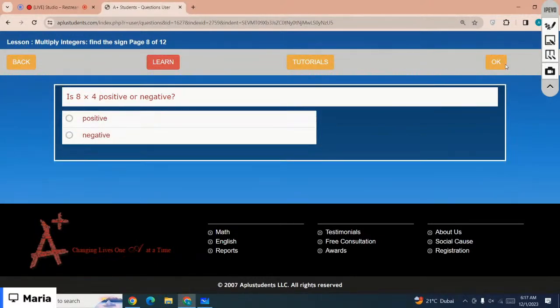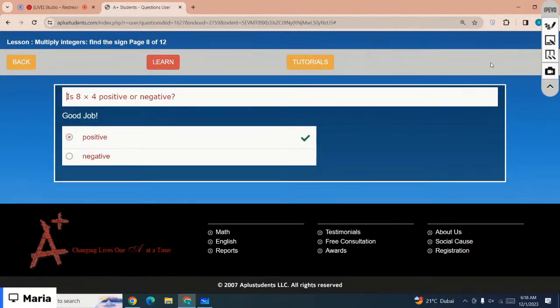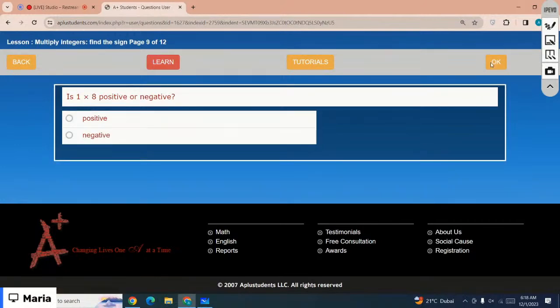Is 8 times 4 positive or negative? Yes, they both are positive because both the numbers are positive, so the answer must be positive. Is 1 times 8 positive or negative?